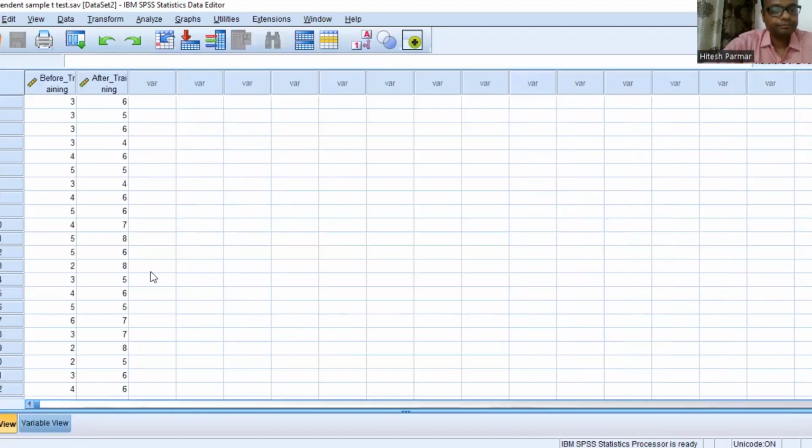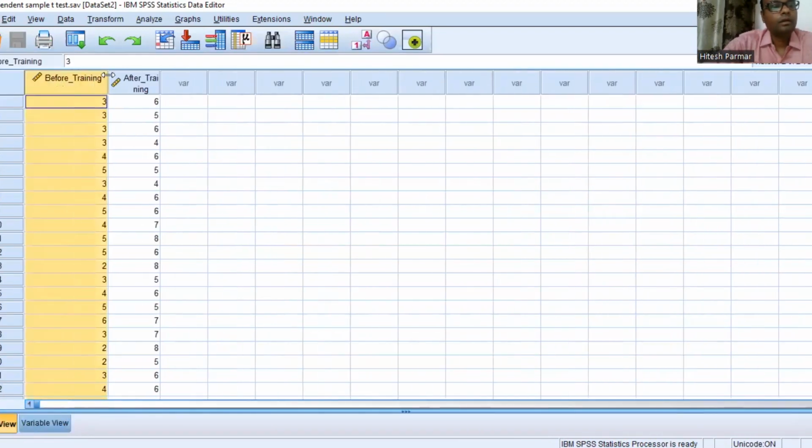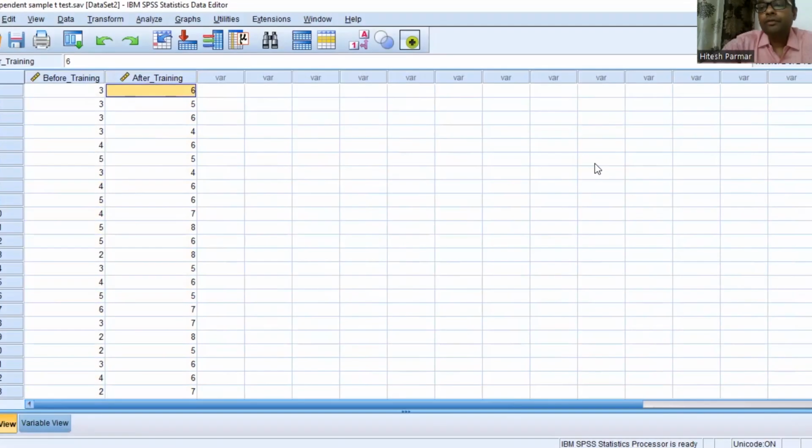Say before attending this refresher course you were given a certain test, and after attending the refresher course the same test is given, and we compare your marks before and after.